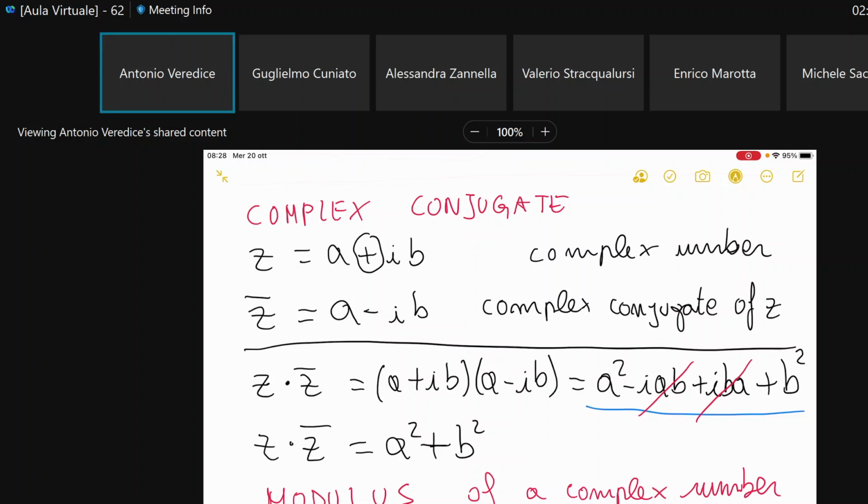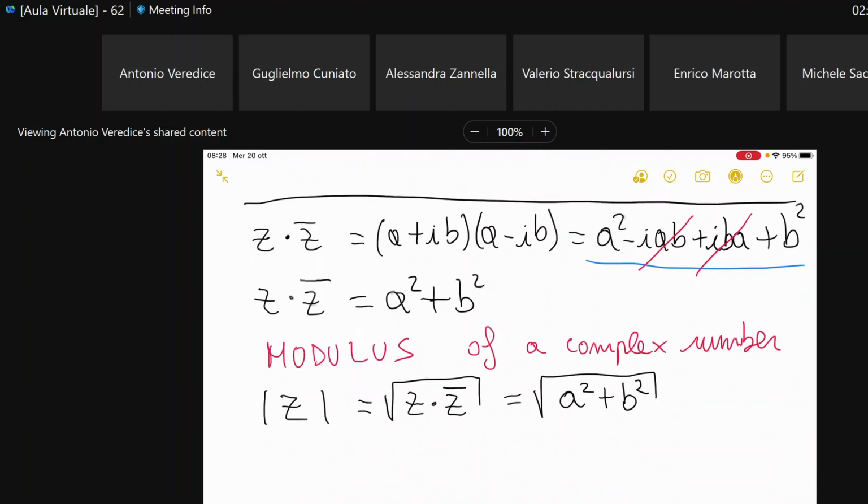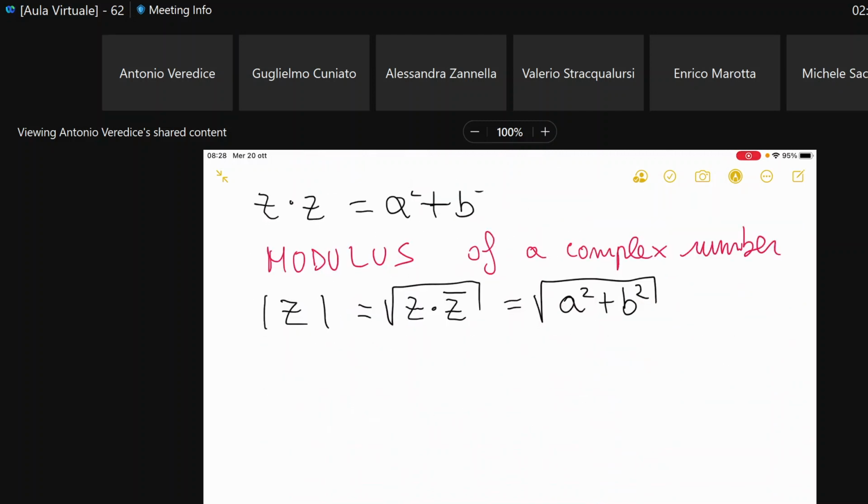Of course, it has a geometrical meaning. I anticipate something on this, but I think it can be useful to consider the modulus in geometric terms.